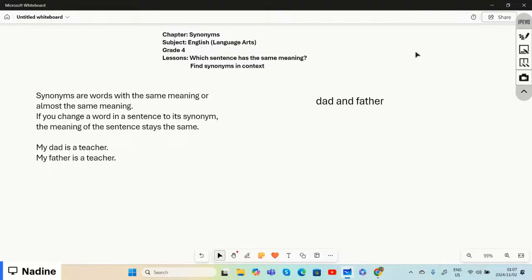It depends, right? So here we have an example where we say dad is the same as father. So dad is a synonym of father, or father is a synonym of dad.